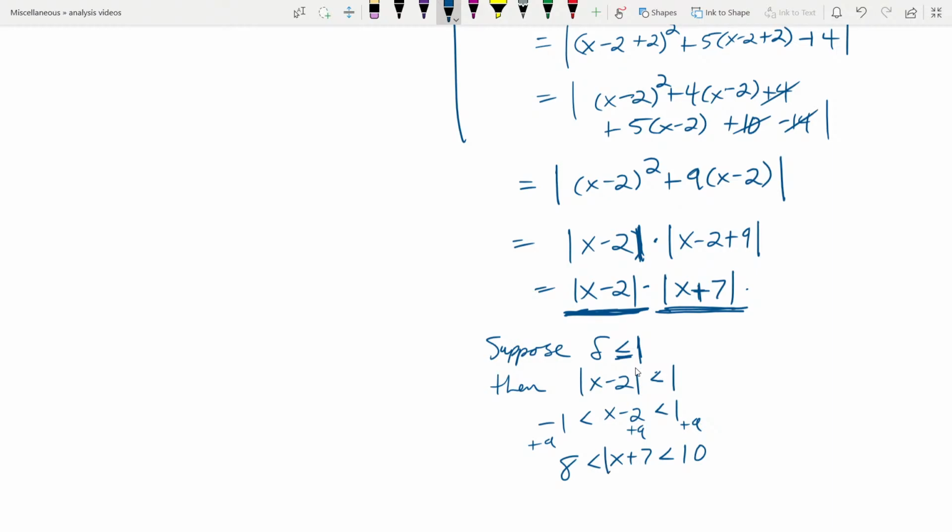So we're free to put the absolute value bars back around it because it's already a positive number for this range of delta. We don't really care about the 8 part, but we do care about this 10. The absolute value of x + 7 is less than 10.